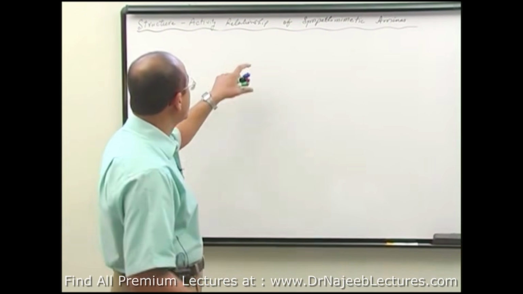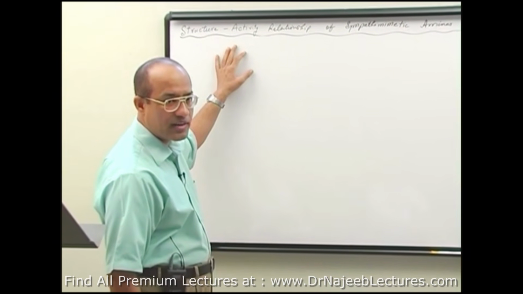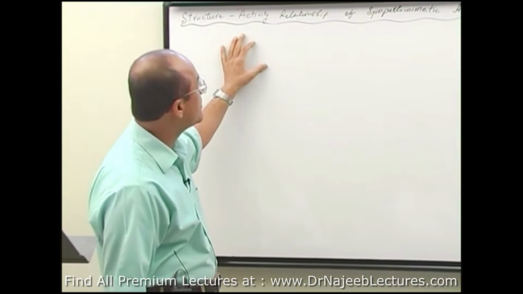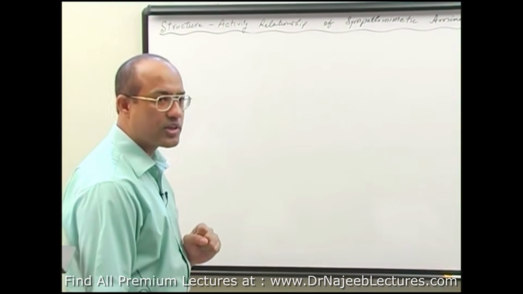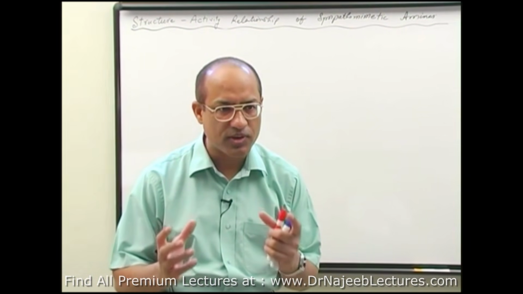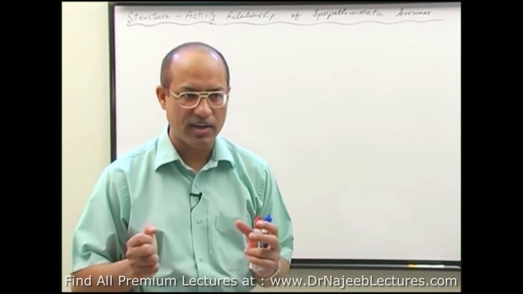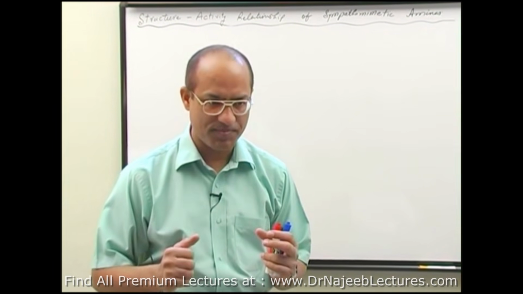Now, usually you are not supposed to learn structure and function relationship between most of the drugs, but as far as sympathomimetic drugs are concerned, it's very important for you to understand the relationship between the structure and function of the drug, because if you alter the structure of the drug, the function of the drug on the receptor is altered.